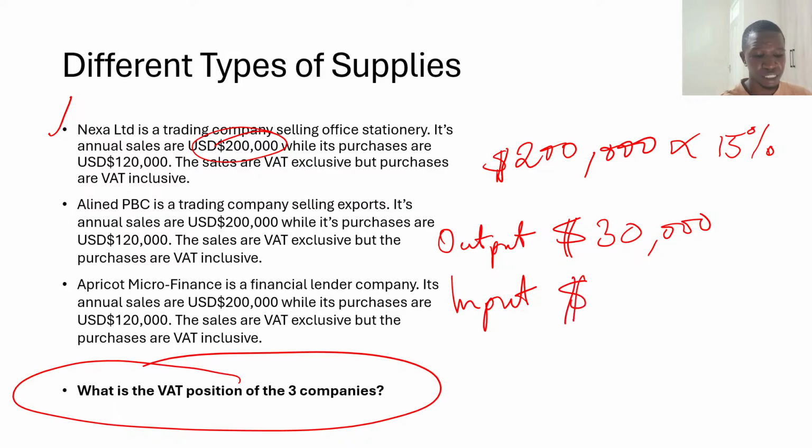We have been told that the 120,000 is inclusive. So for us to find the tax component in this 120,000, we say 15 over 115 times 120,000.